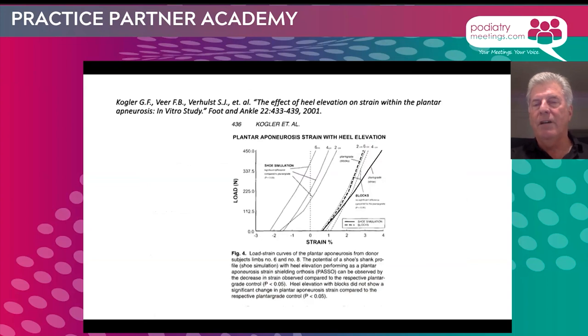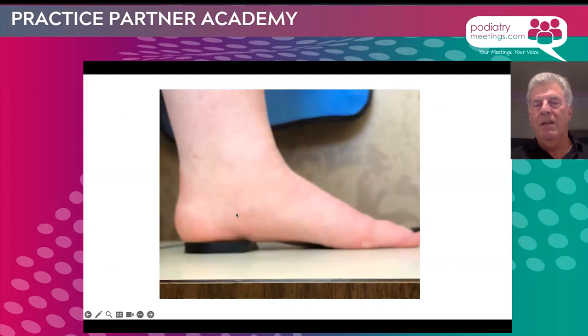A block of foam directly under the heel actually increased strain under the plantar fascia for reasons I showed you just previously. This will increase strain in the plantar fascia, probably because it increases pressure here, decreases pressure here, and leaves the arch unsupported, off of the ground.